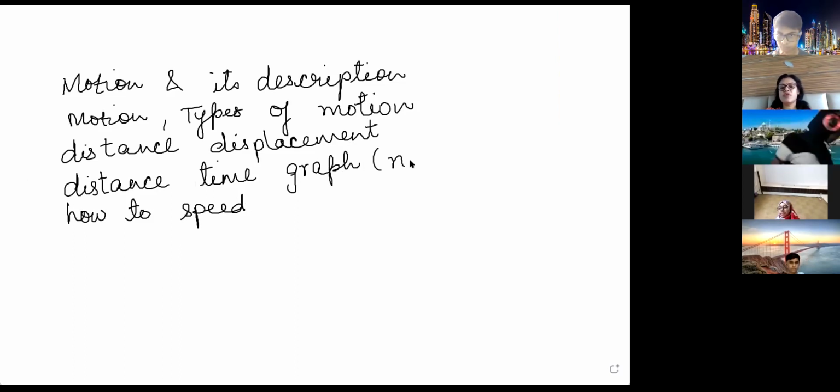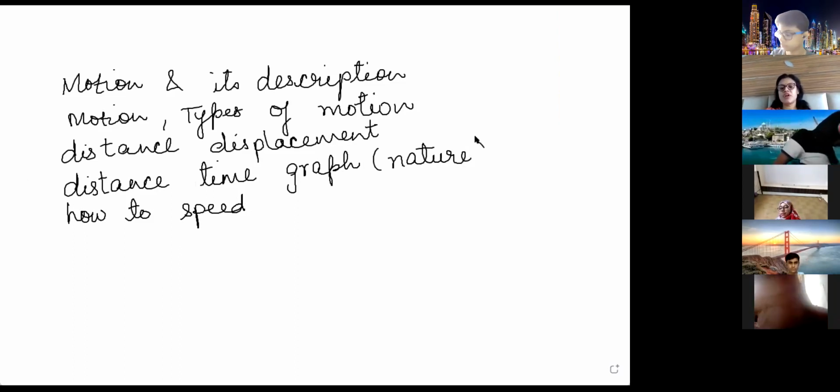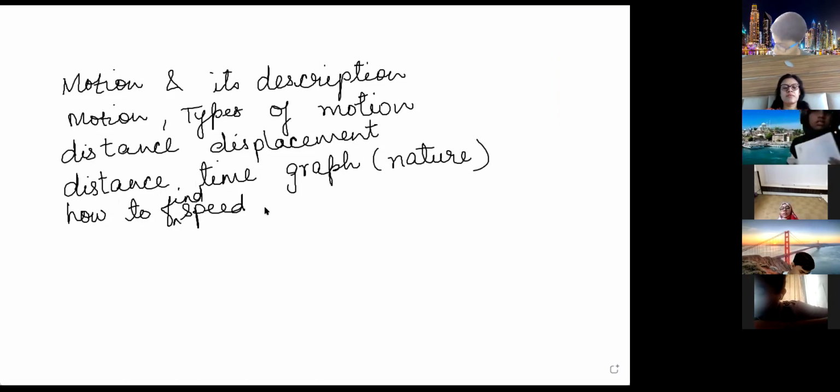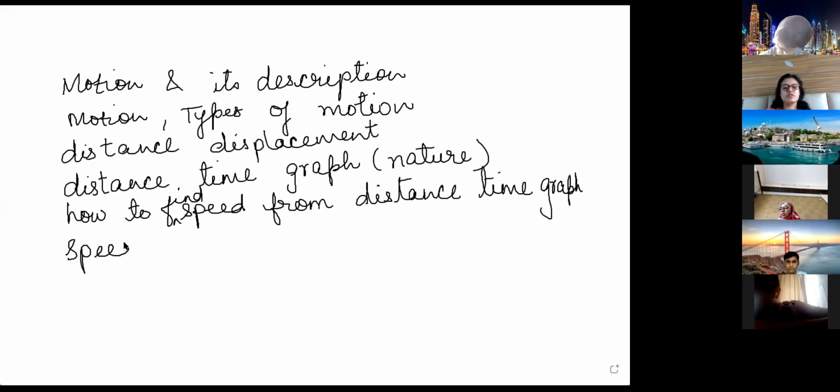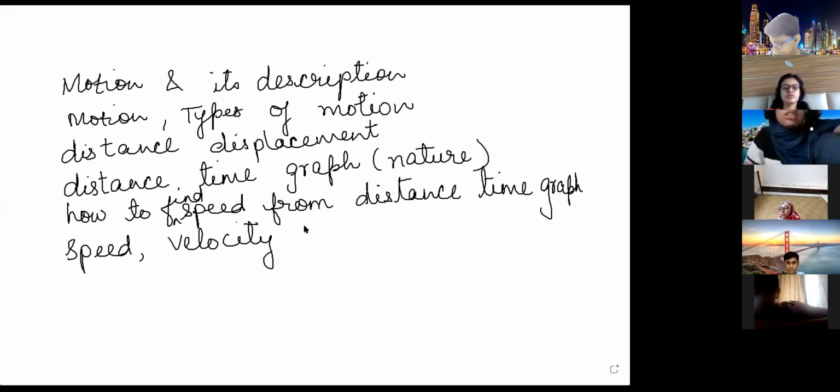Distance time graph means all the nature of distance time graph, what type of graph and what is the nature of motion. How to find speed from distance time graph, we did this in the last class. Then speed, velocity, mathematical formula also.